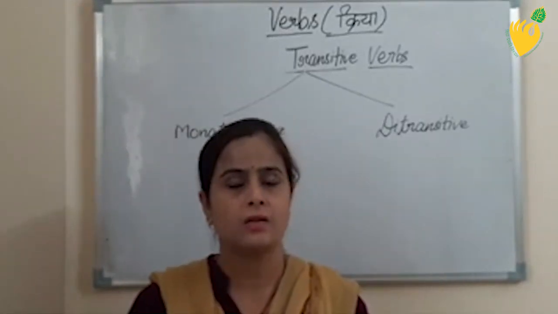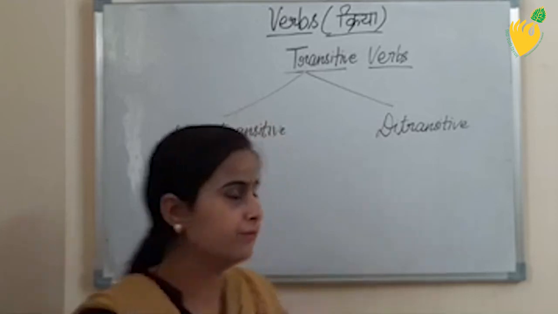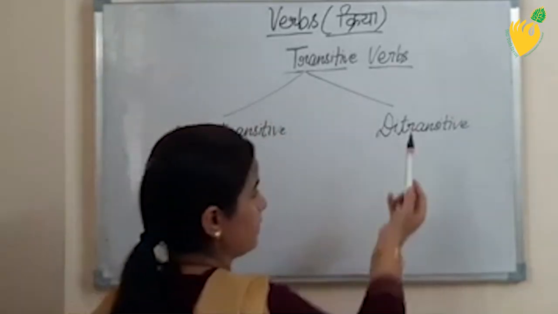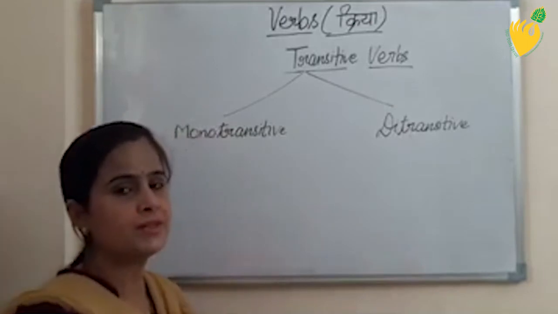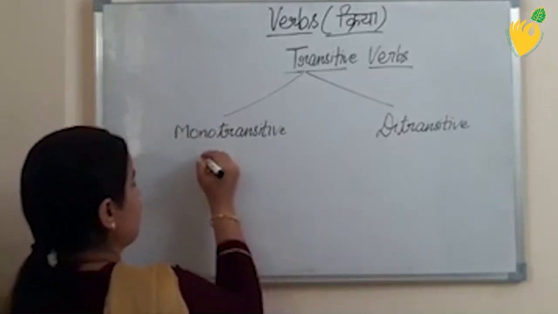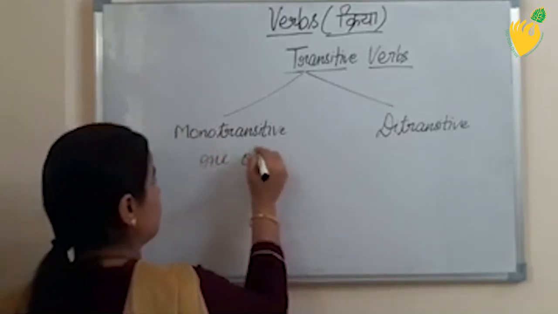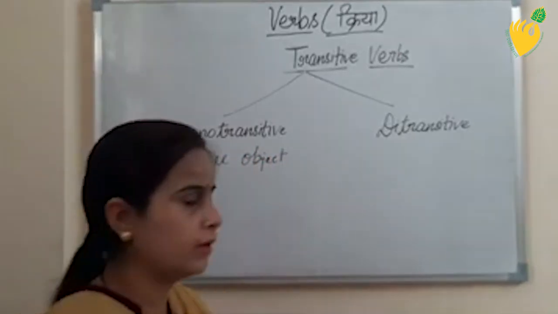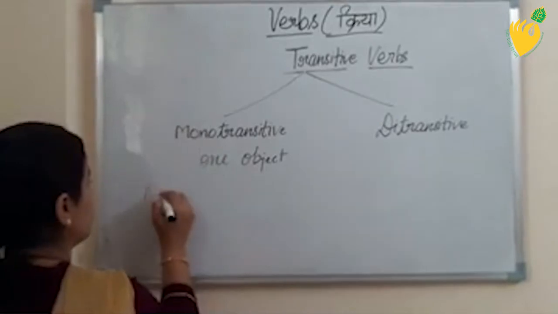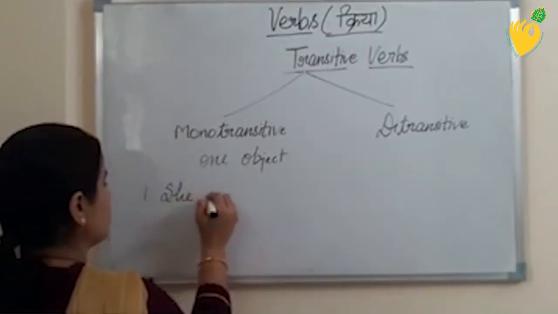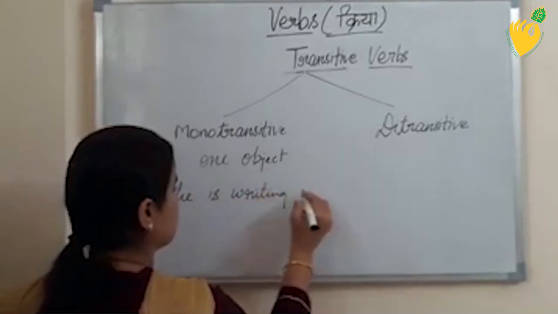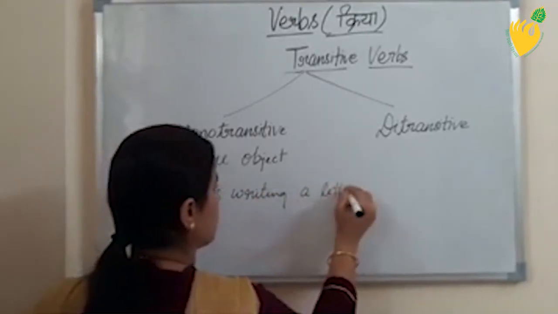Transitive verbs are of two types. First is monotransitive verbs and second is ditransitive verbs. Monotransitive verbs are the verbs which need only one object to complete its meaning. For example, she is writing a letter.